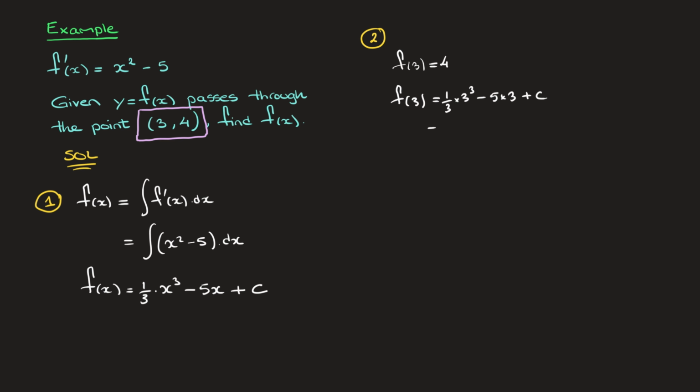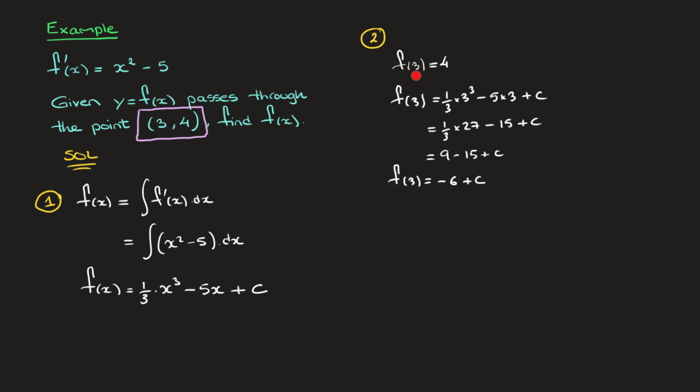Doing so leads us to 1/3 times 3 cubed, which is 27, minus 5 times 3, which is 15, plus c. And now 1/3 times 27 is 9, so this becomes 9 minus 15 plus c. And finally, we can state that f of 3 equals 9 minus 15, which is negative 6, plus c.